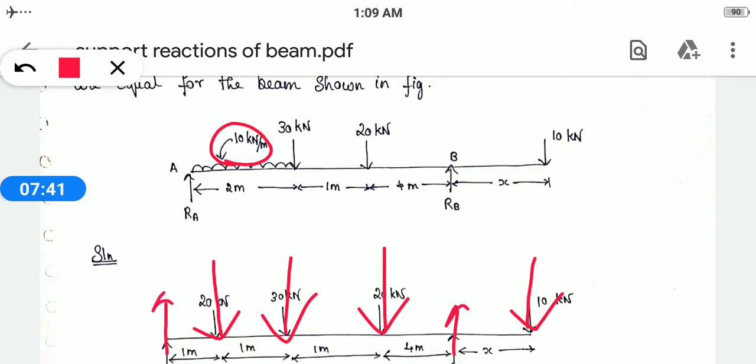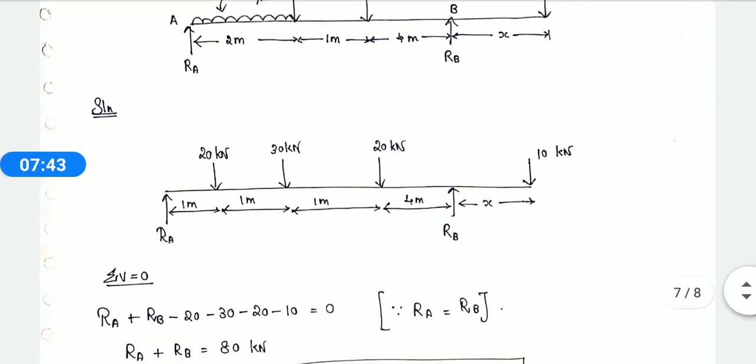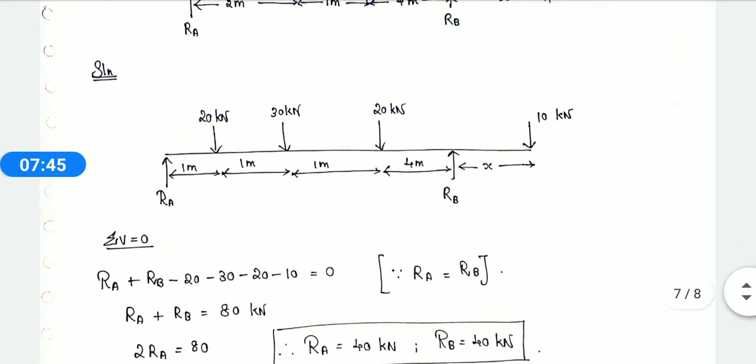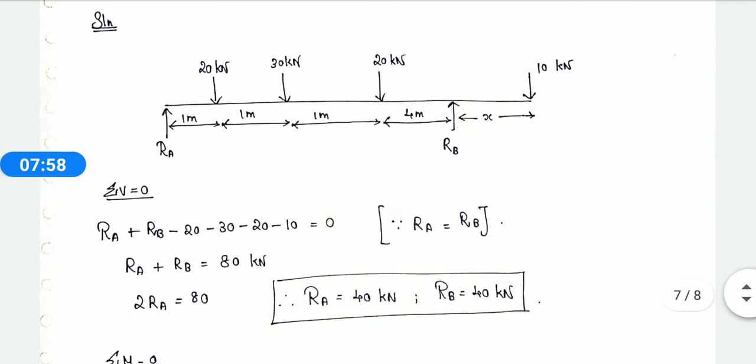Now we have to apply the three conditions, that is summation of horizontal forces, summation of vertical forces and summation of moment. But now here in this sum there are no horizontal forces. So directly we are going for our vertical forces. Take the summation of all the vertical forces, that is RA plus RB, and all the other values are negative.